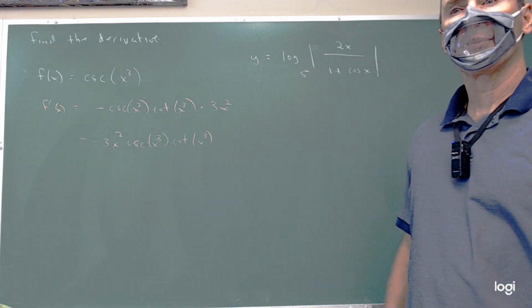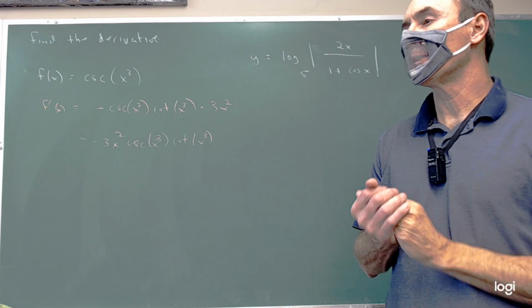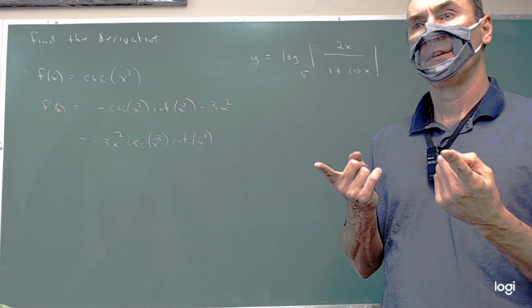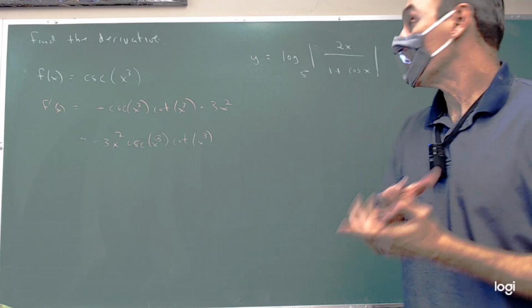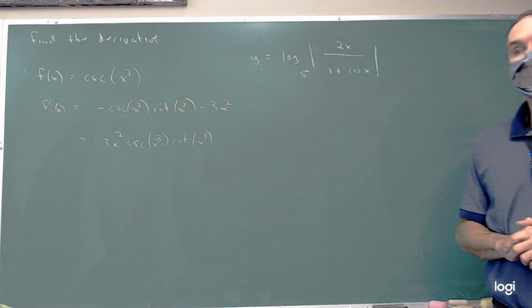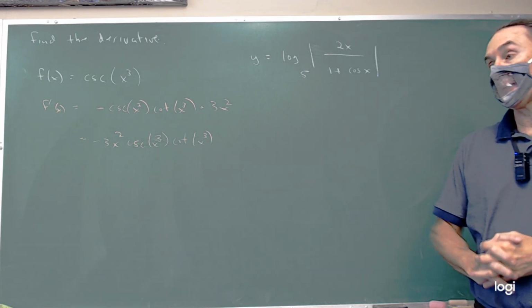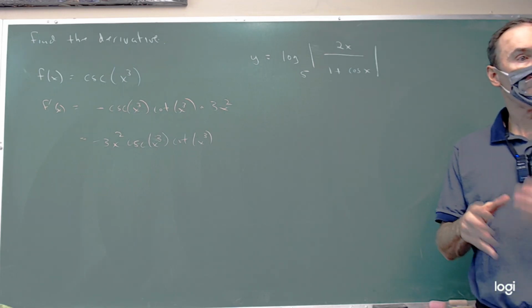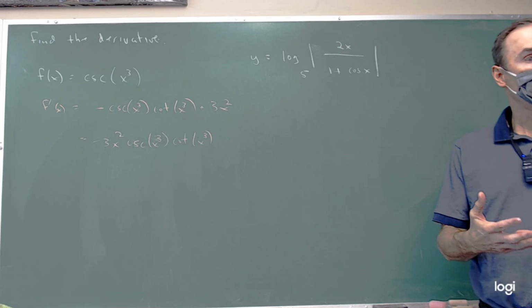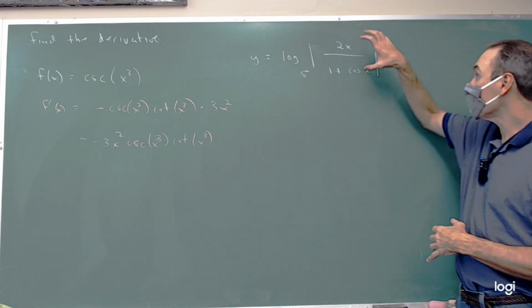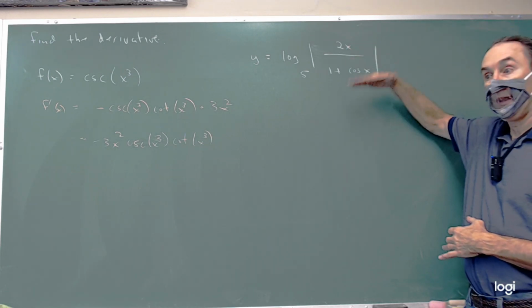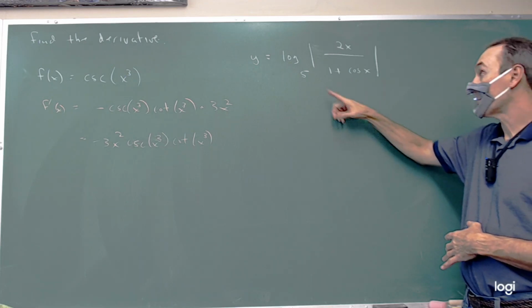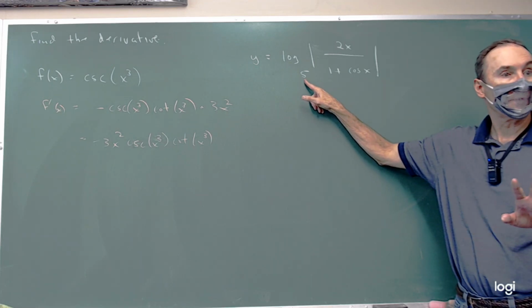Remember how to do this, or you need a suggestion or a start? So remember, a logarithm that is not base Euler's number is not a natural logarithm. We want to convert it to a natural logarithm by doing change of base. Change of base means we take the natural log of this and divide it by the natural log of the old base that we're getting rid of.